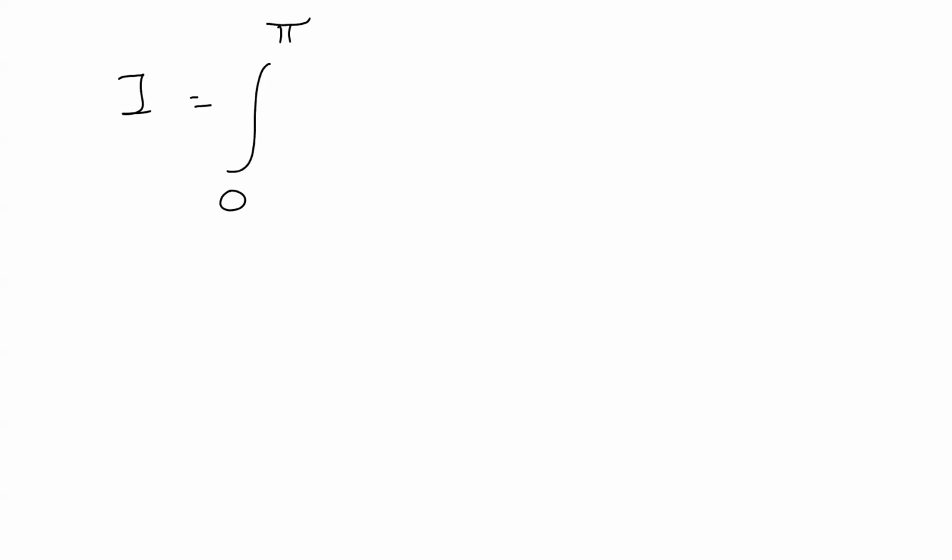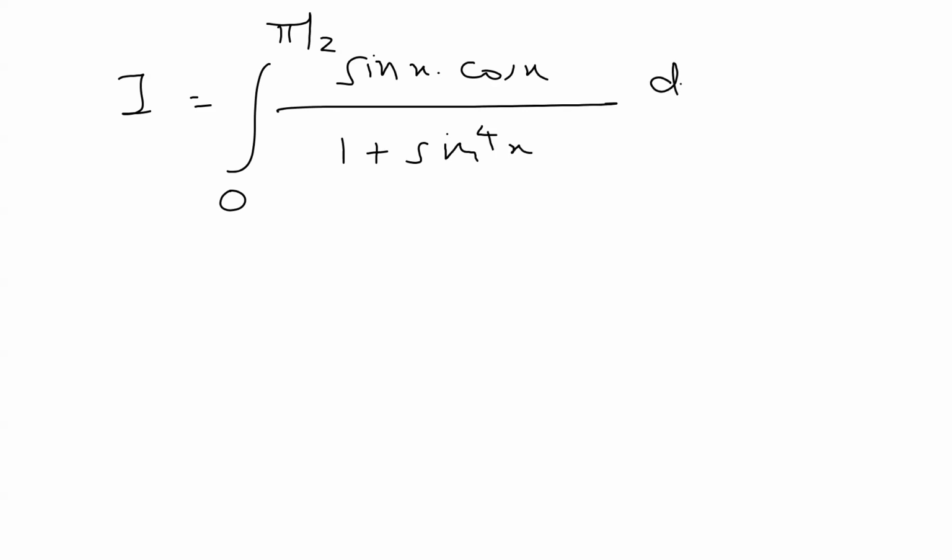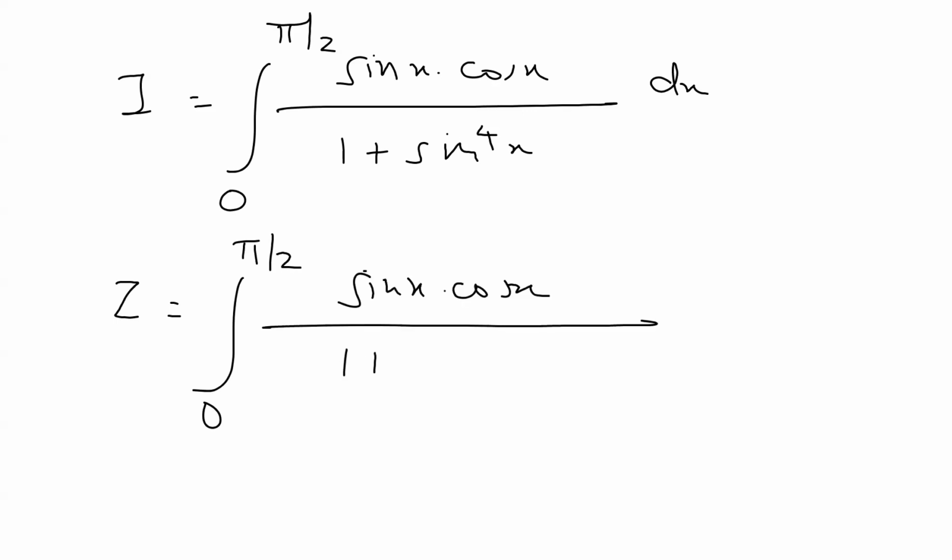Integral 0 to pi by 2 of sin x into cos x over (1 plus sin square x) the whole square.